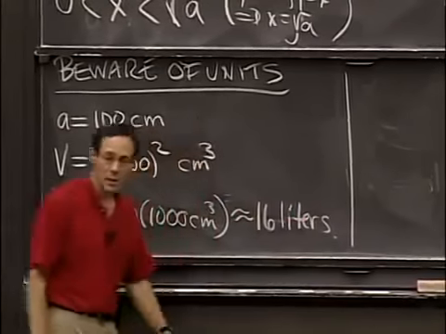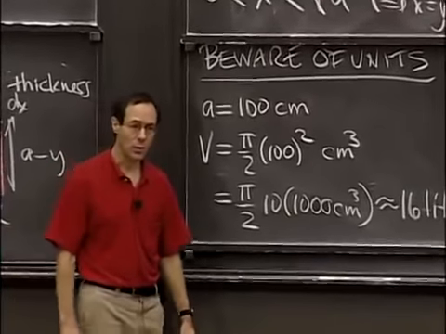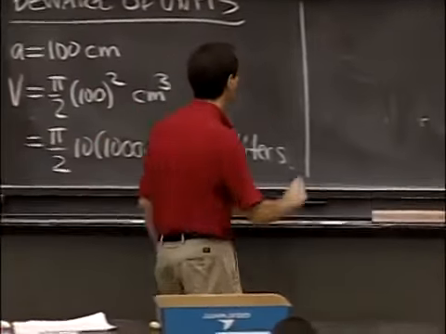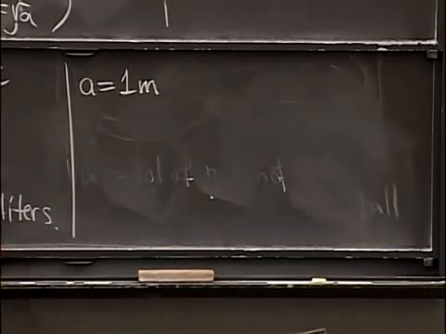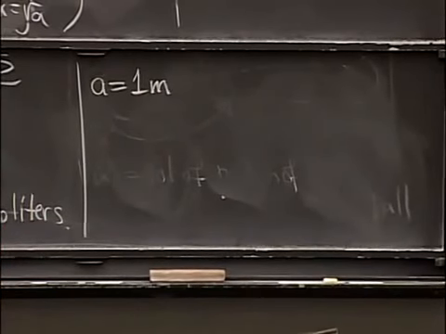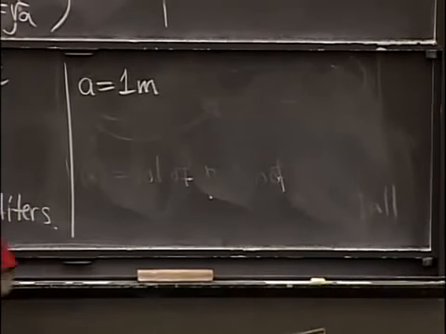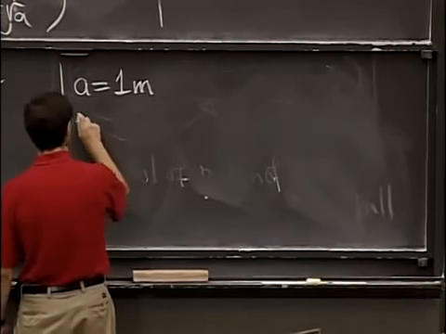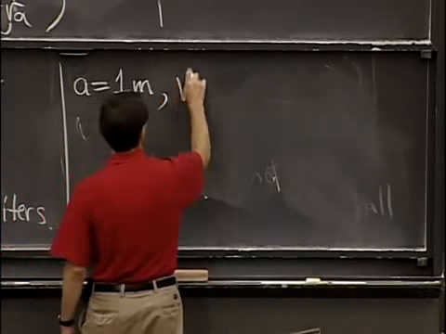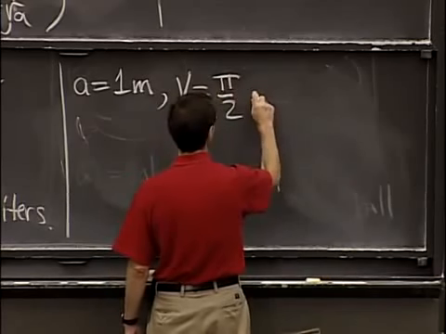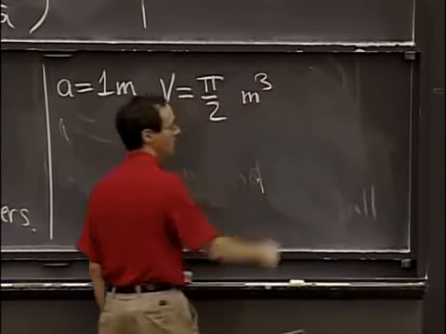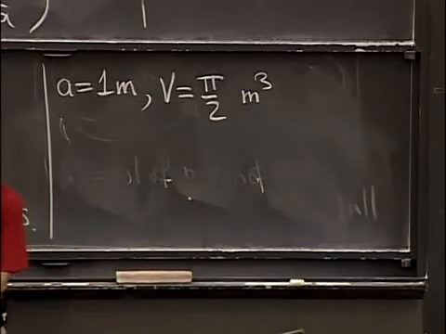Now, I'm going to make another choice of units, and we're going to make a comparison. Suppose that the units are 1 meter. Looks like it should be the same, but if I calculate the volume, it's going to be pi over 2 and 1 squared times meters cubed. Right? That's what the formula tells us to do.